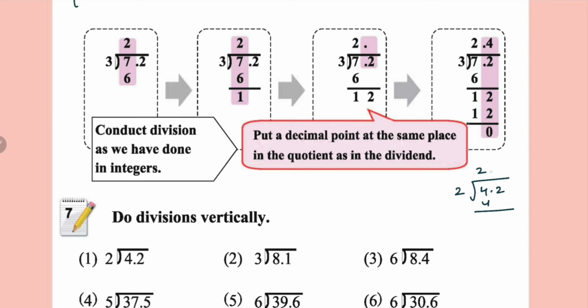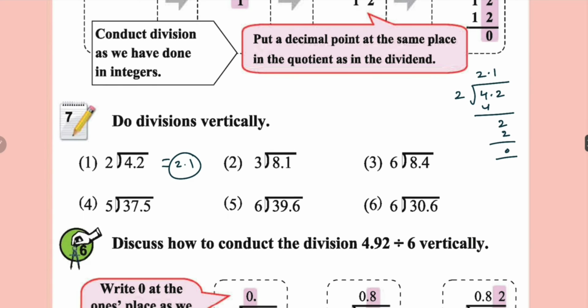Then this 2 will come down when I put a decimal point, since there is a decimal point here. Okay, 2 1s are 2, 2 minus 2 is 0. Okay, answer is 2.1. This is pretty straightforward then.